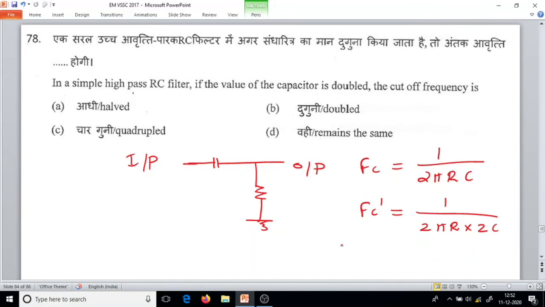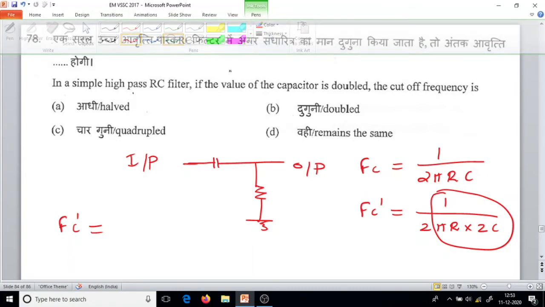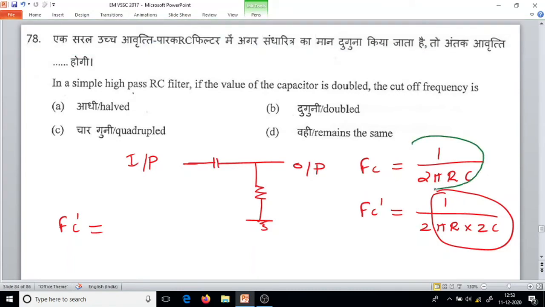So FC dash equal to 1 by 2 pi times 2C. See, this part is the same as the above, 1 by 2 pi RC, which is FC.